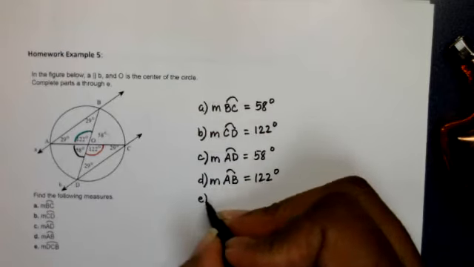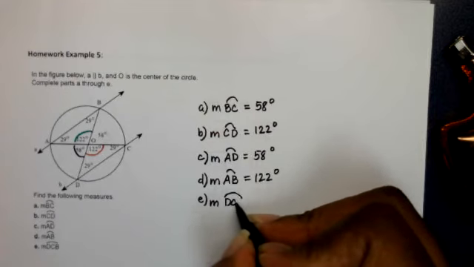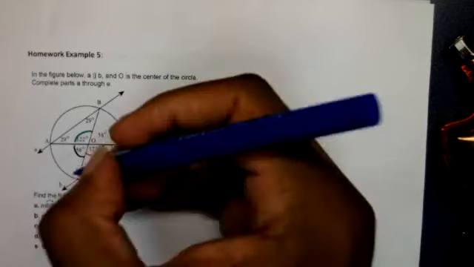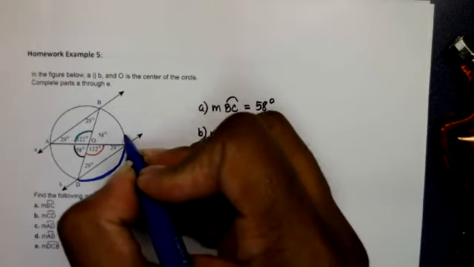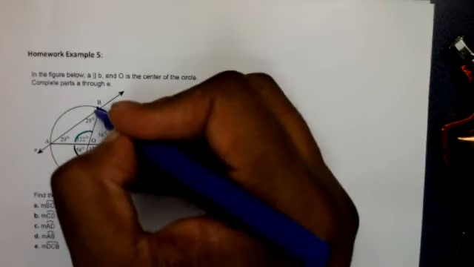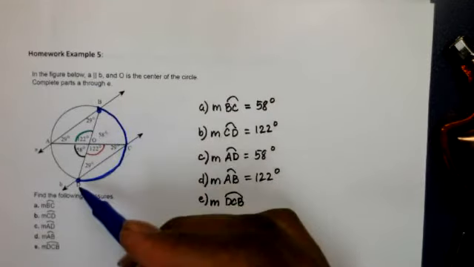And finally, part E, the measure of arc DCB. Let's see, DCB, this is all the way around here. Here's D, that's C, and that's B. Notice, this whole thing is a semicircle.